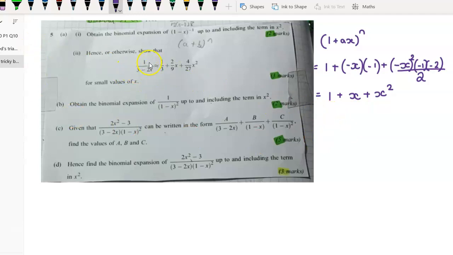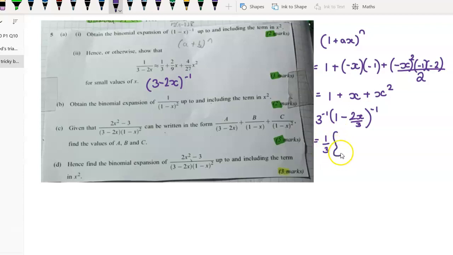Right. So 1 over 3 minus 2x is the same as (3 minus 2x) to the power minus 1, isn't it? Okay, so then if we take the 3 to the minus 1 outside and divide everything by 3, we get that. Now, 3 to the power minus 1 is just 1 over 3, so a third.